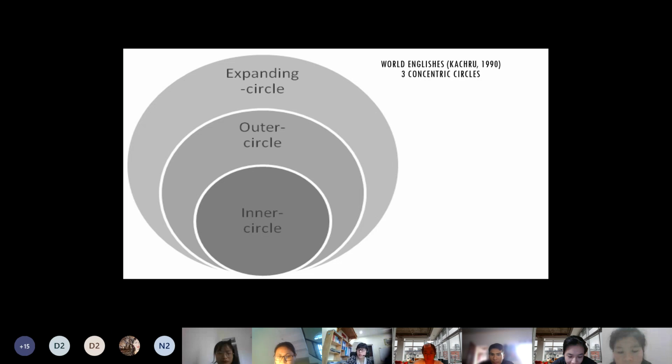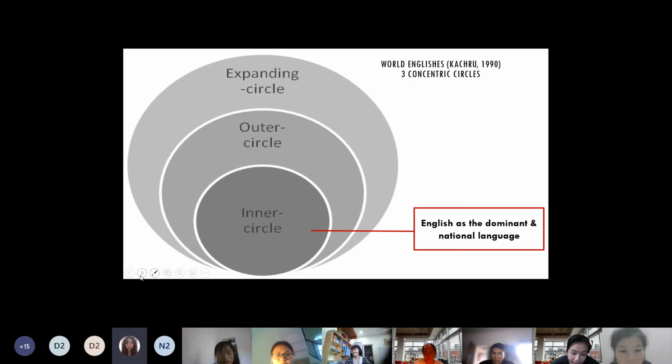Their first language is English. Okay, so English is the dominant and national language, the first language there. And also in Canada, they have two dominant languages, which are French and English. So a part of Canada, they speak French, and another part, they speak English.